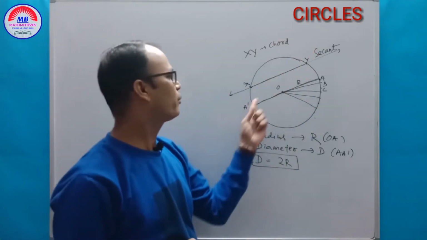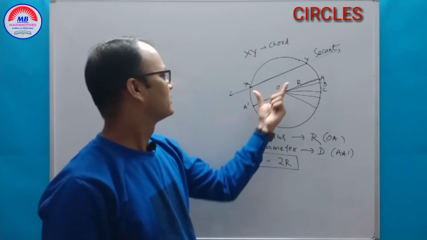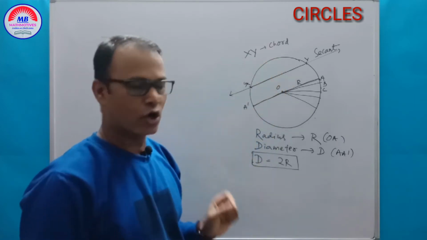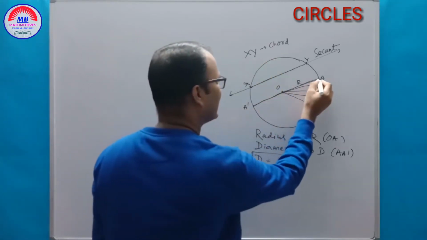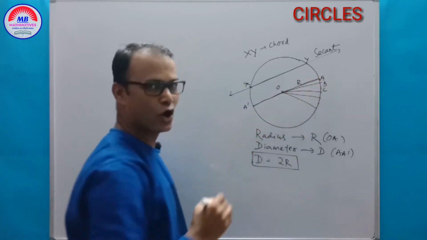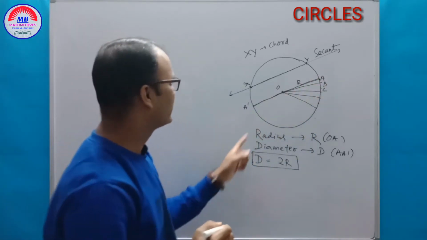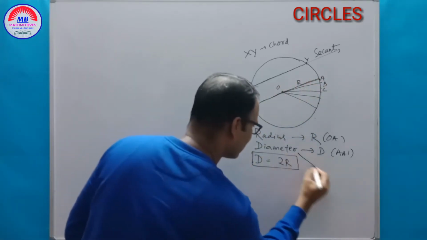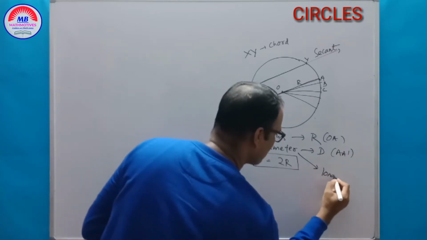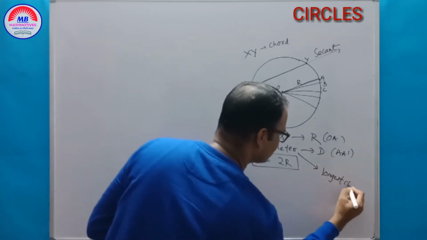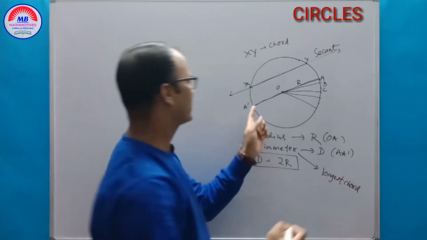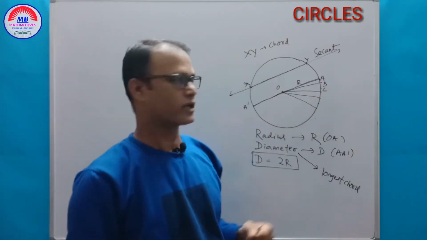If we join 2 points on the circle, that segment is called a chord. So AA dash is also a chord. The diameter is called the longest chord in a circle.